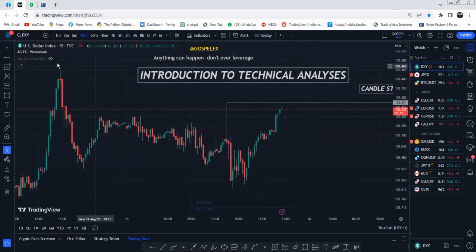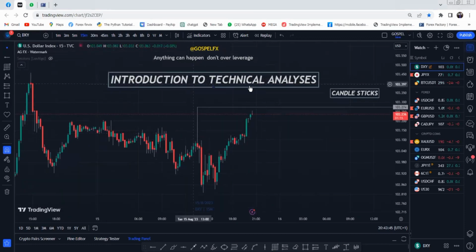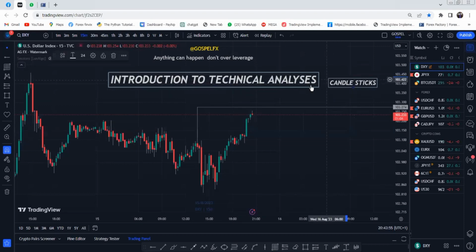But this platform gives us advanced features, like what I wrote here using the text command. You cannot write this on your MetaTrader 4 or MetaTrader 5 on your phone, so you will need TradingView for these advanced features, and to draw lines and many other things on the chart, which we use for technical analysis.